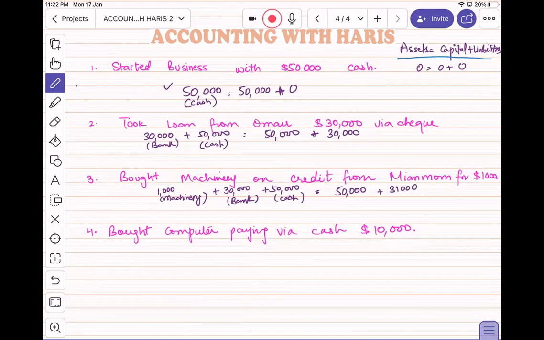And if you look at the fourth transaction now, bought computer paying via cash $10,000. So see, the business is getting a computer. If the business is getting a computer, our assets would increase by 10,000, because this computer is also an asset for the business.